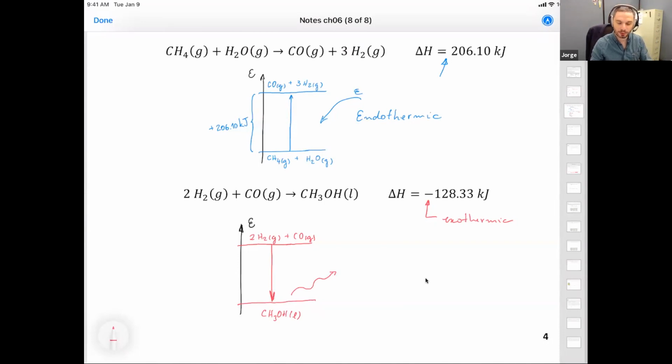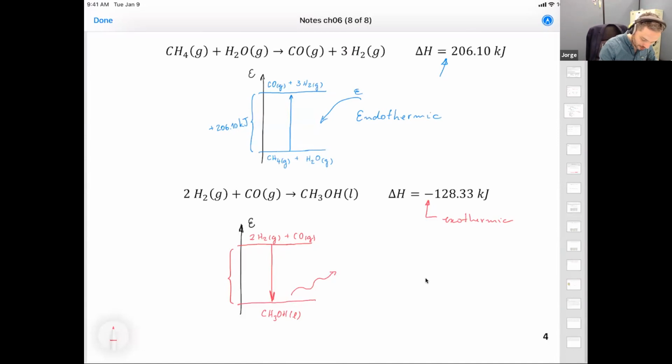So that will cause an increase in the temperature of the neighborhood of the system, in most cases your reaction flask. And attention here, the delta H for the reaction is always the difference between the enthalpy of products minus the enthalpy of reagents.